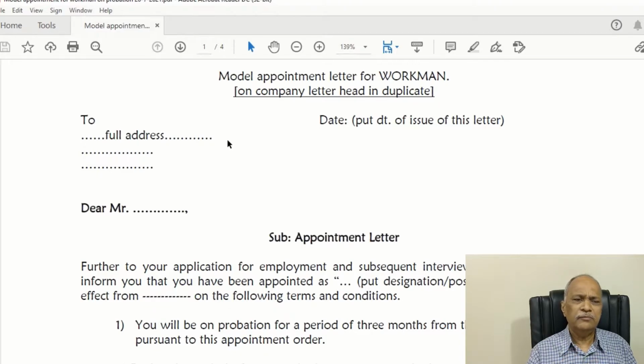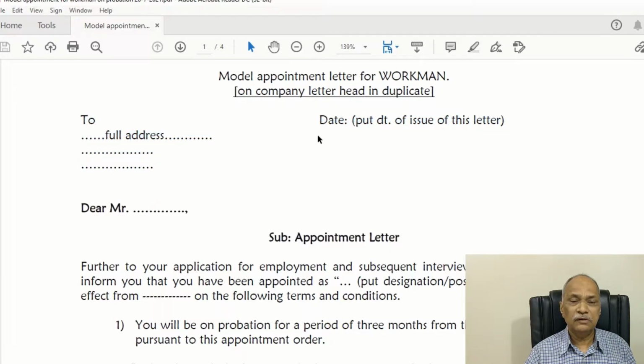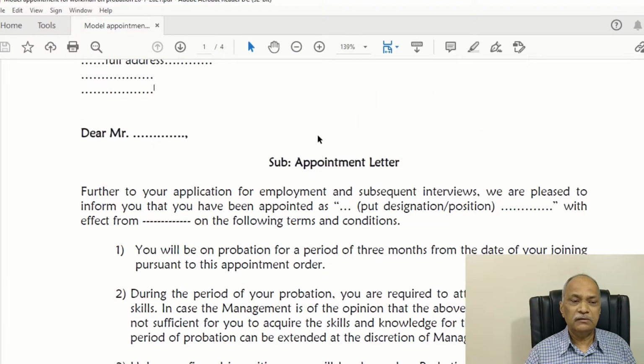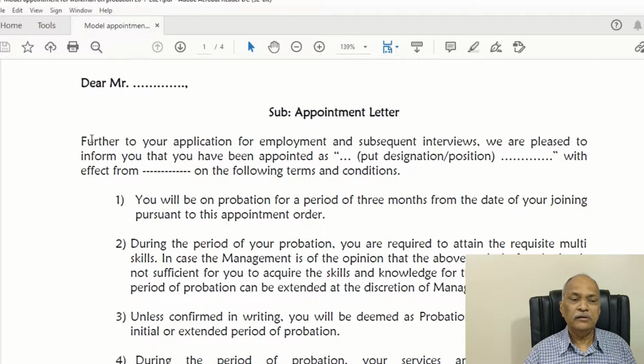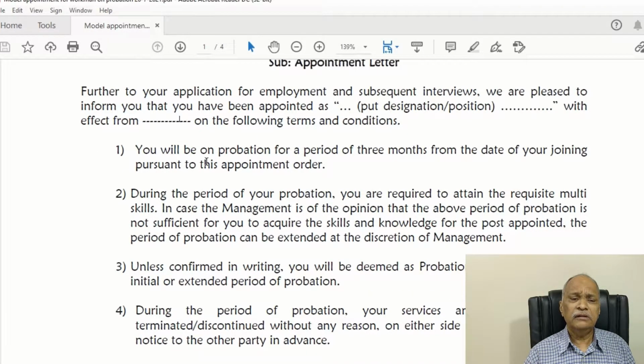Normally it is addressed to the workman with full address. Date of issue is also a must. Then subject. Then the first para is about the reference of application and employment interview. Then the next point is about probation period.